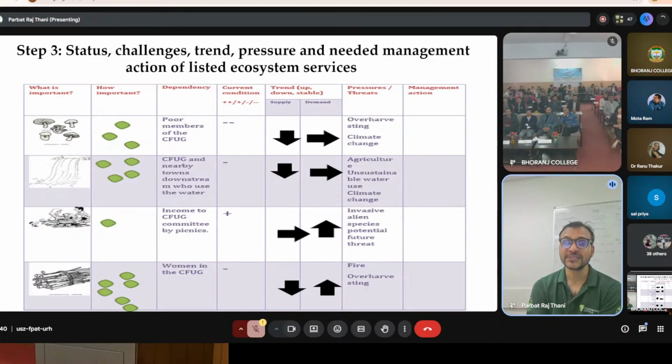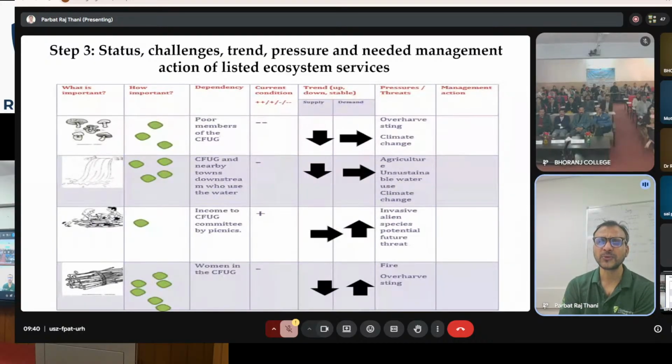We started asking them about all these things. There were different kinds of people. Some people liked water too much. Some people liked fuel too much. Based on their requirement, based on their desire, their answers were also different.